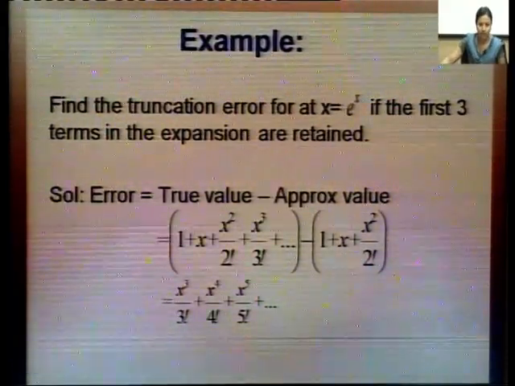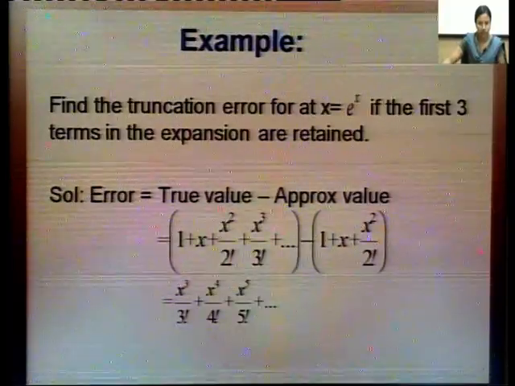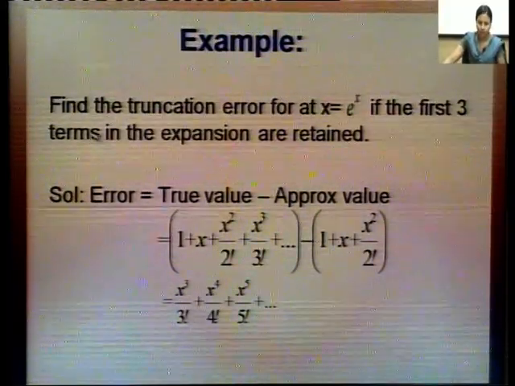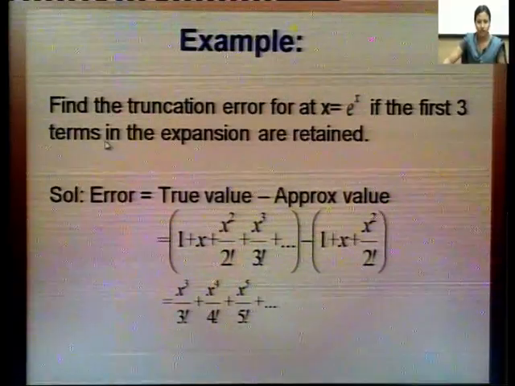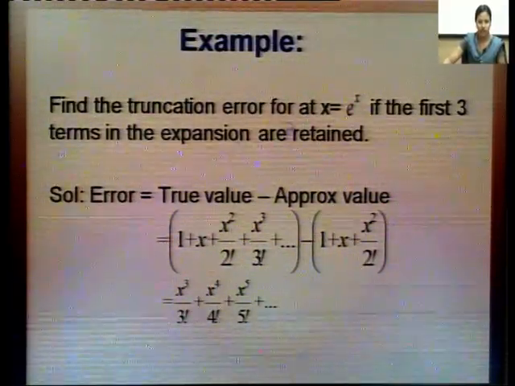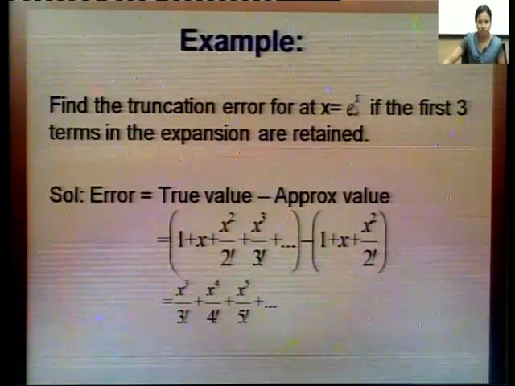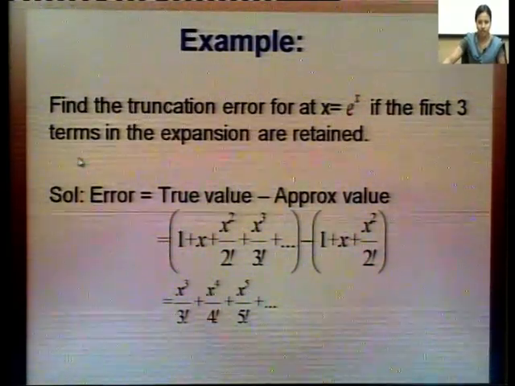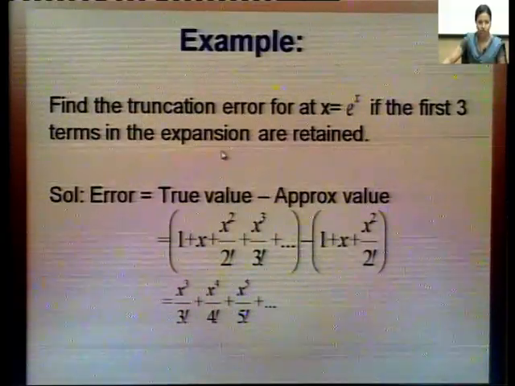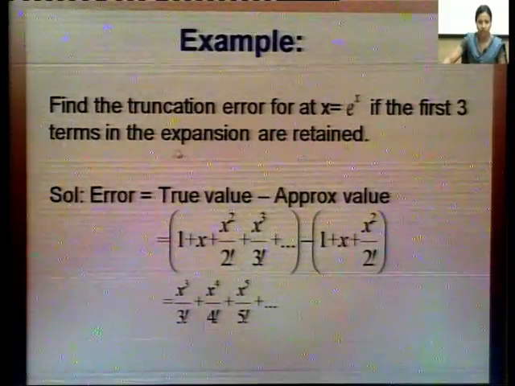Here we take an example for error analysis. The statement is: find the truncation error for X equal to e raised to power x if the first three terms in the expansion are retained.